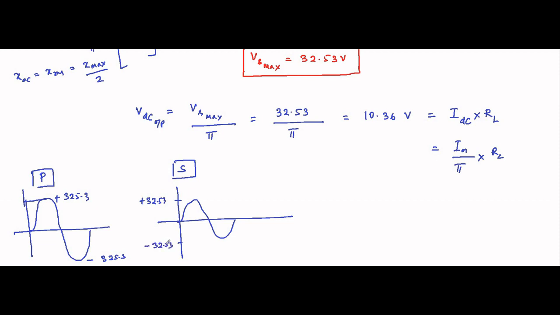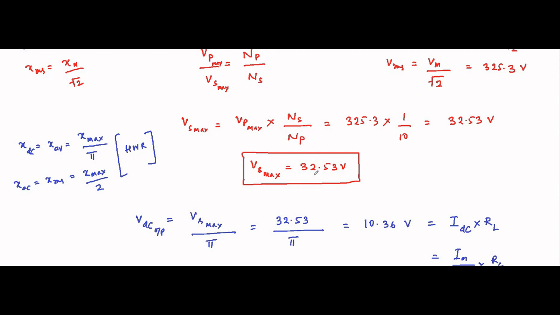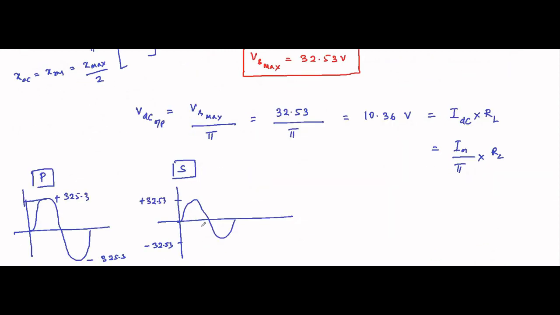The voltage is lowered, it's dropped. This is across the primary winding, and this is across the secondary winding after the transformer.